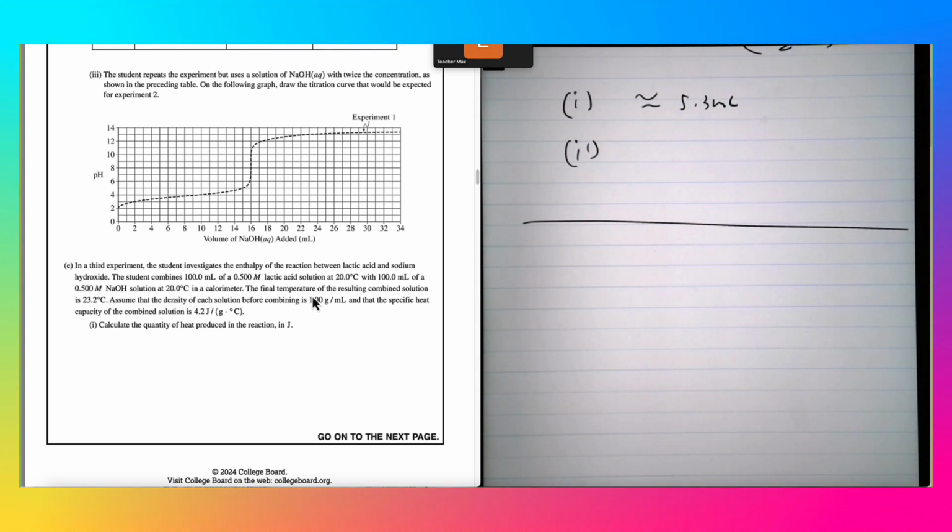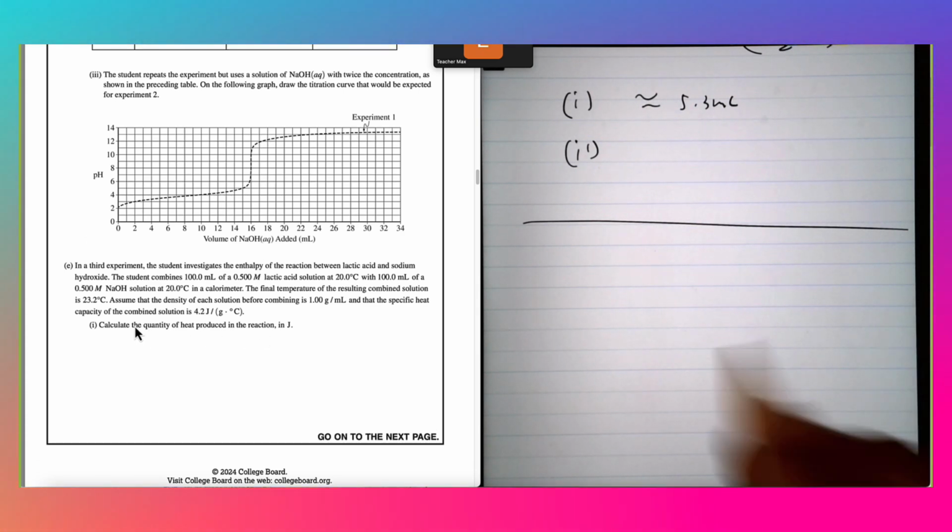The final temperature of the resulting combined solution is 23.2 Celsius. Assume that the density of each solution before combining is 1 gram per milliliter, like a typical aqueous solution, and that the specific heat capacity of the combined solution is 4.2 joules per gram per Celsius. Calculate the quantity of heat produced in the reaction.